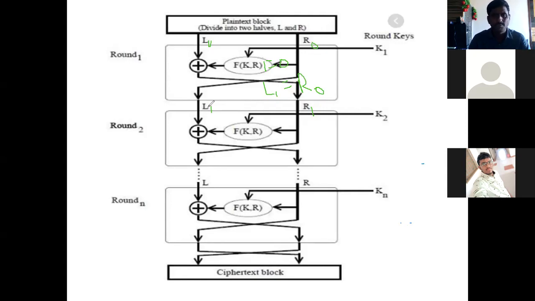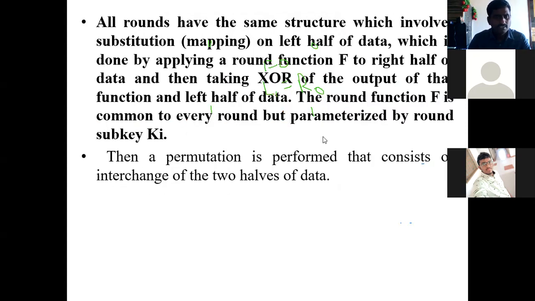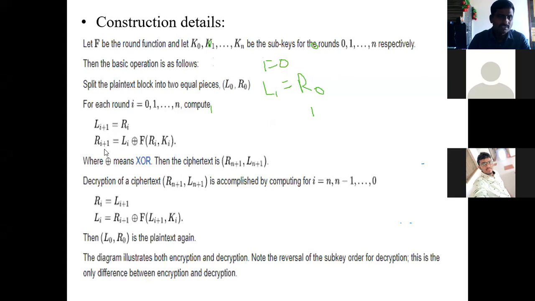I already told you, this is what is represented mathematically: L(i+1) = R(i). With i being 0, 0 plus 1 is 1, so L1 is equal to R0. So this R0 is given to the left side part.